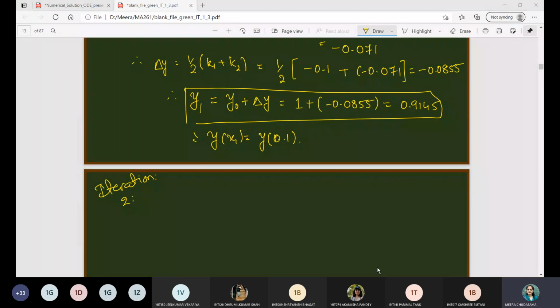Has anyone computed the value of K1? Minus 0.0736. Yes, correct.